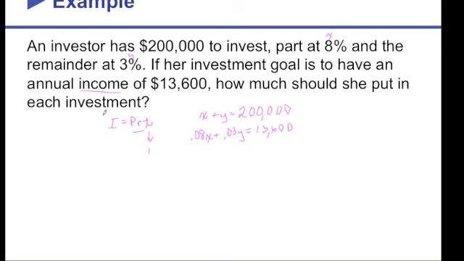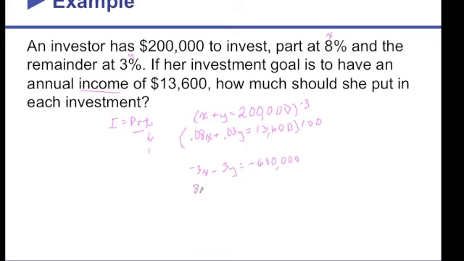I'm going to take my top equation times -3. That will give me -3x minus 3y equals -600,000. And I'm going to take my bottom equation times 100 because I'm not really fond of working with decimals.